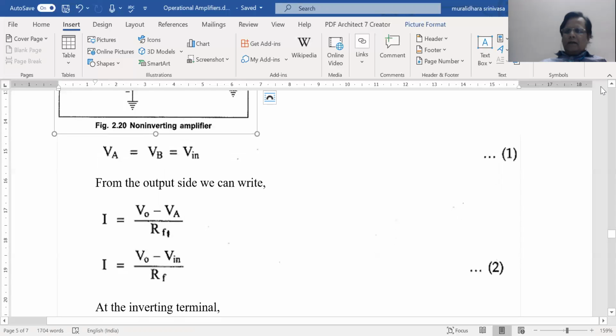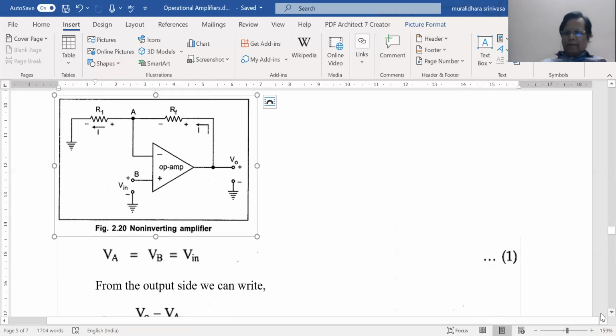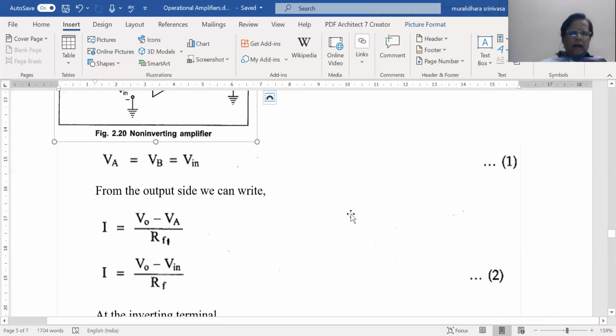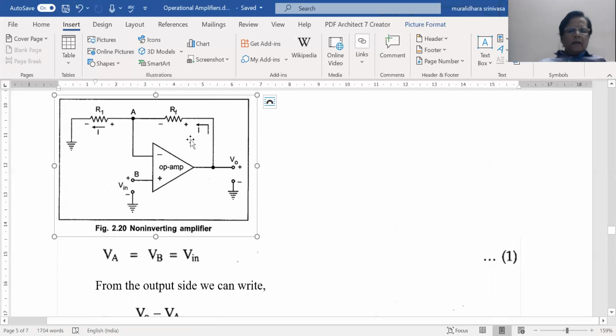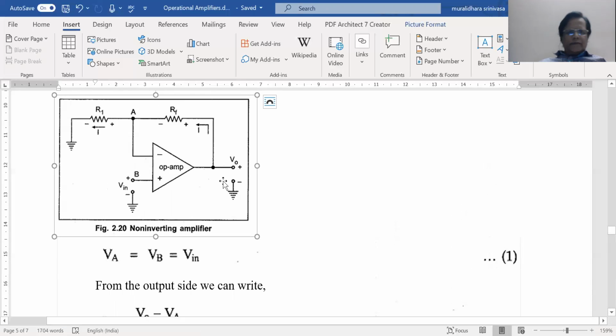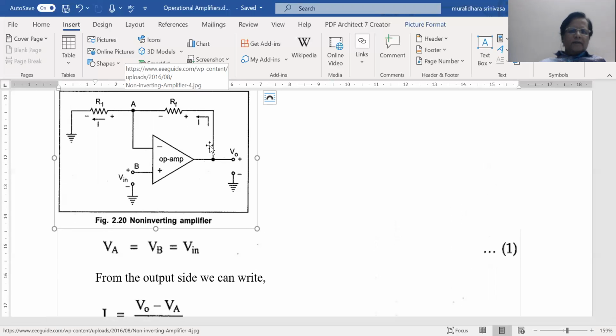So, if VB is equal to Vin, then what happens? If you look at it from the output side, you have I, which is the current flowing in this loop, that is the feedback portion. The current I is given by the voltage V0, because now current is flowing in this direction.